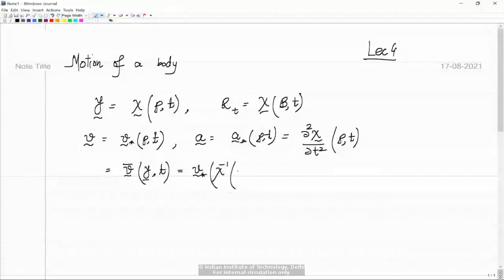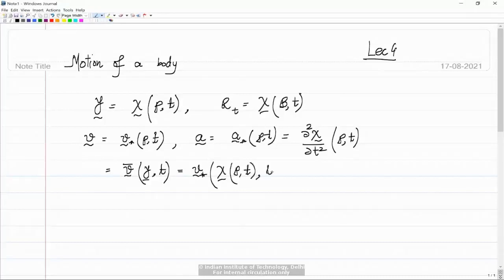So v star, then you have to have the direct map chi of p comma t, and you see that t is present twice here.